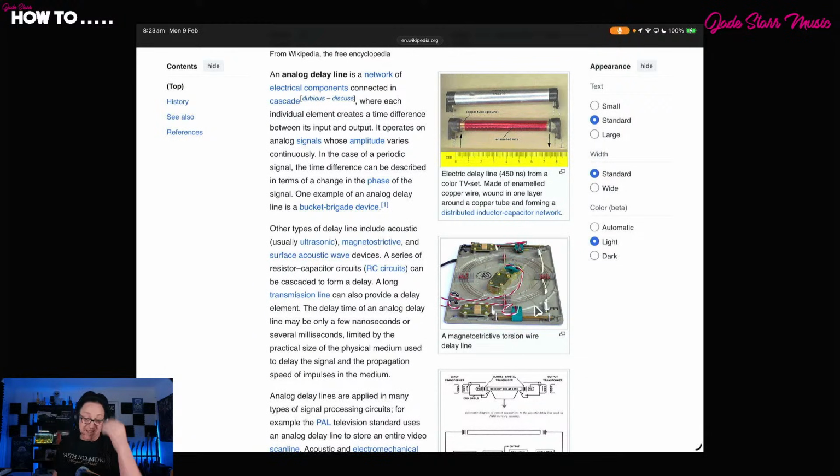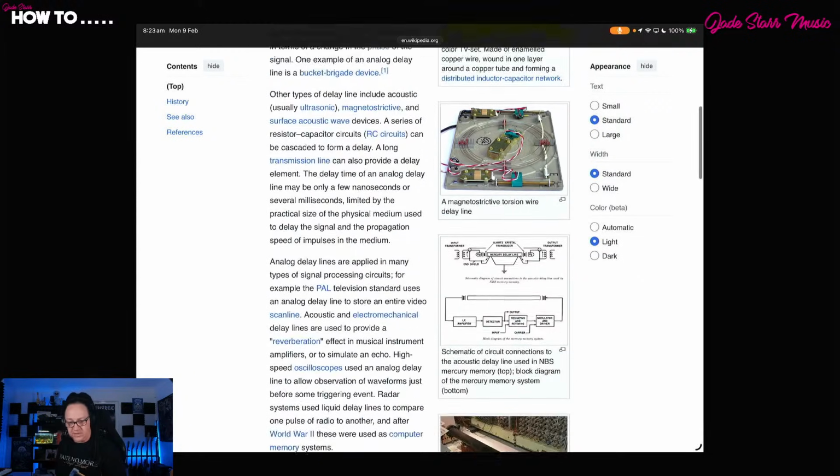But this was flawed, right? Compared to the equipment that was to come, it operates on analog signals whose amplitude varies continuously. In the case of a periodic signal, the time difference can be described in terms of a change in phase of the signal. One example of an analog delay is the bucket brigade device, which we will get to later on.